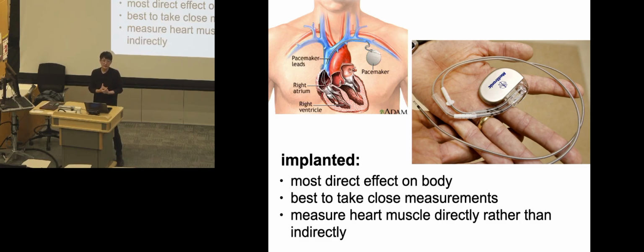But outside the clinic, or on the easy-to-implant route, it's still a very active research field how to get biocompatible sensors implanted into you with a minimal amount of invasiveness and still get decent results out.